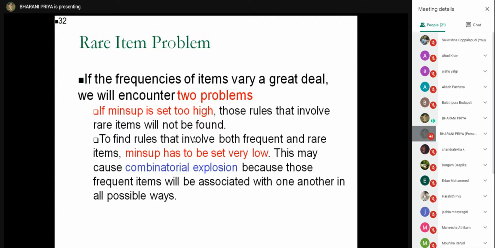I want to include the rare items also. If I set the minimum support high, those rare items will not be included in the rule. If I set it too low, it may include every item, so we cannot conclude anything from that.